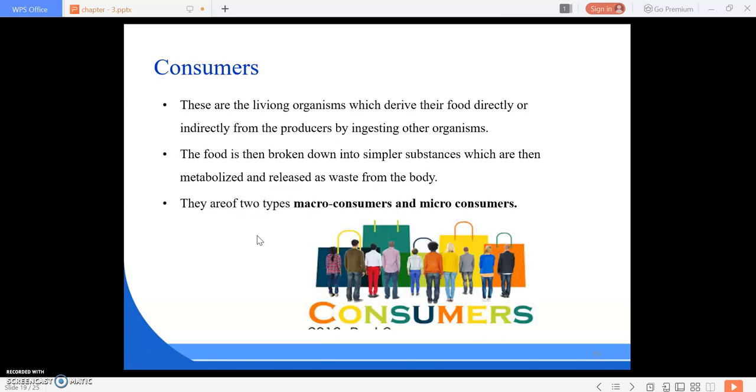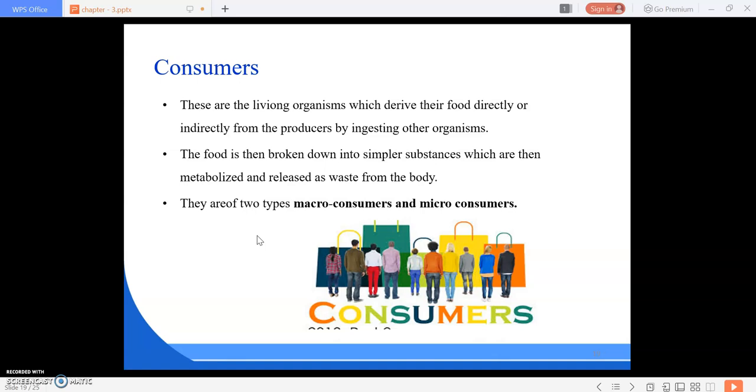Understood? Next is our consumers, because we know that we cannot synthesize, we are only dependent on the producers. Food is very essential for us, and we are the people who are directly dependent on the producers or the plants. So these are the living organisms which derive their food directly or indirectly from the producers by ingesting other organisms.